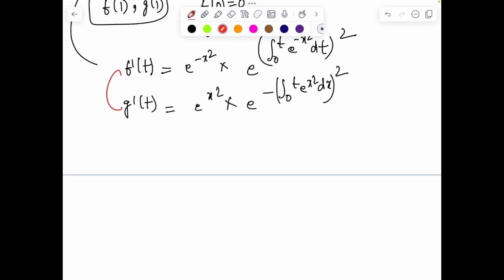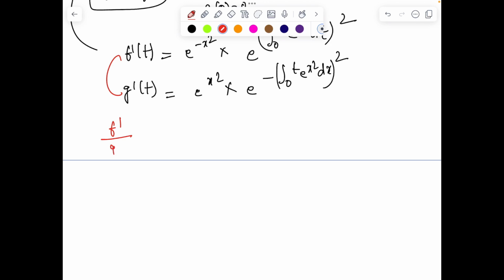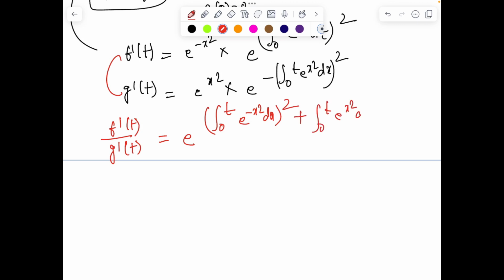And now from these two expressions, as you can surprisingly see, f dash t by g dash t is going to give me the integral from 0 to t of e to the power minus x square dx, whole square, because when we divide, plus the integral from 0 to t of e to the power x square dx, whole square, and we are left with minus 2t square.